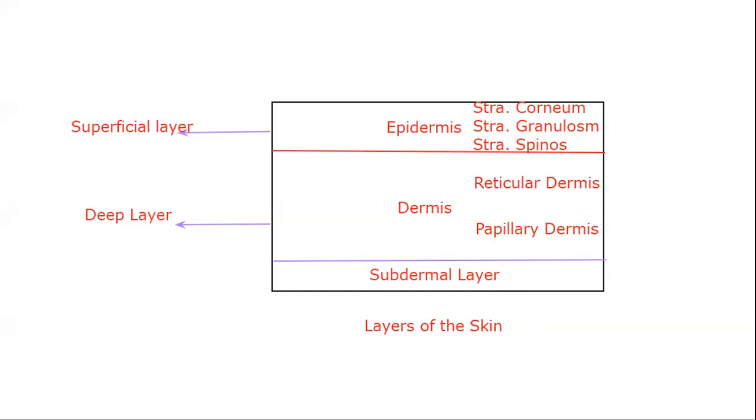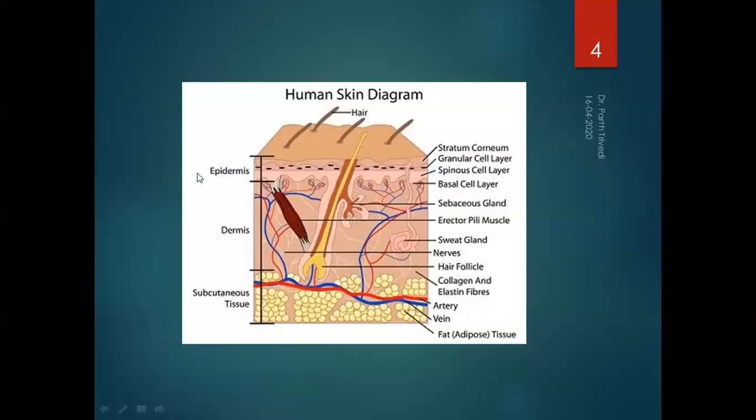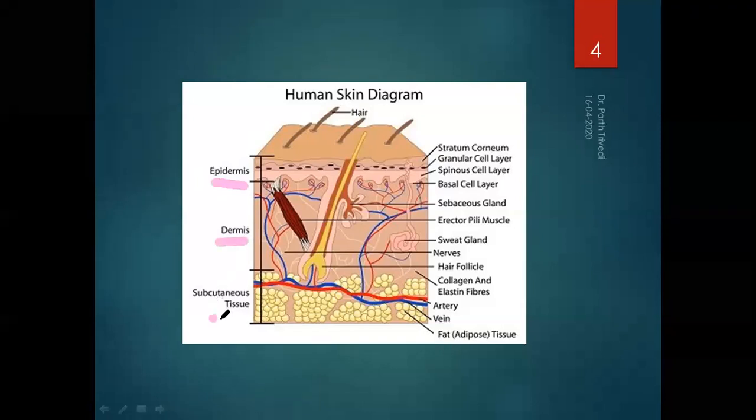So we are now focusing on the skin, which is having epidermis as the outermost layer, dermis, which is the deep layer, and then the subcutaneous tissue. So I hope everybody has understood this classification.